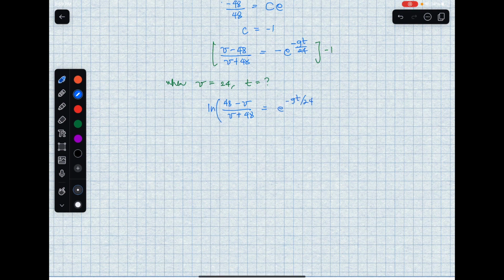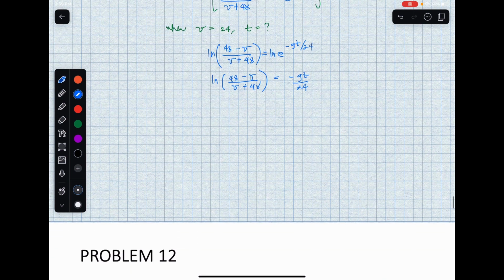And then I'll take the natural logarithm of both sides. So ln of 48 minus v over v plus 48 will be equal to negative gt all over 24. Finally, t will be equal to 24 ln of 48 minus v all over v plus 48, divided by negative g.